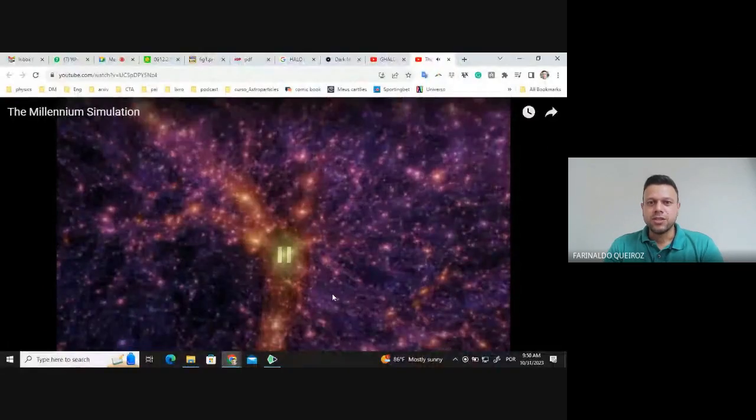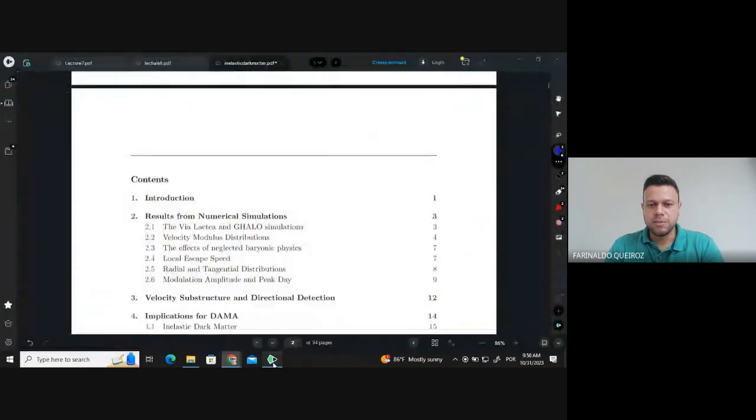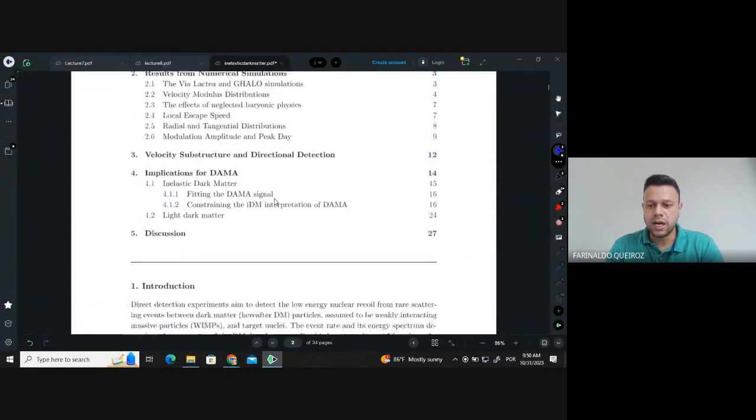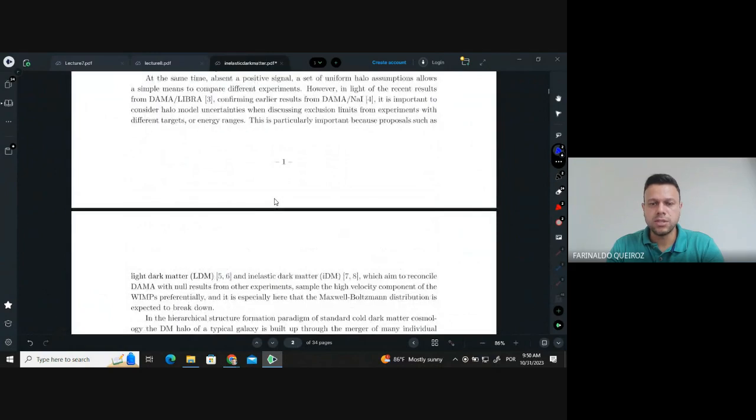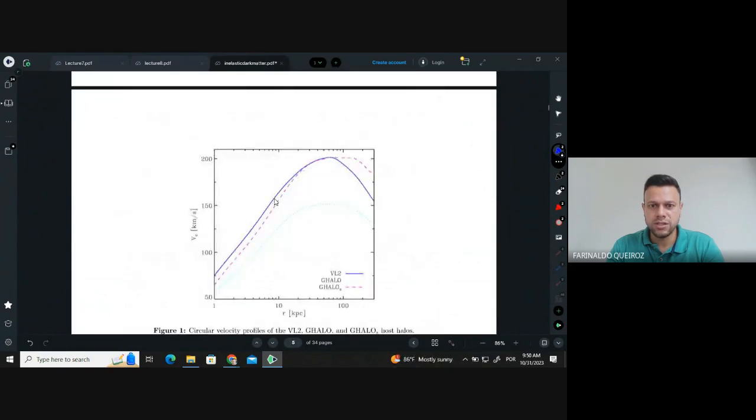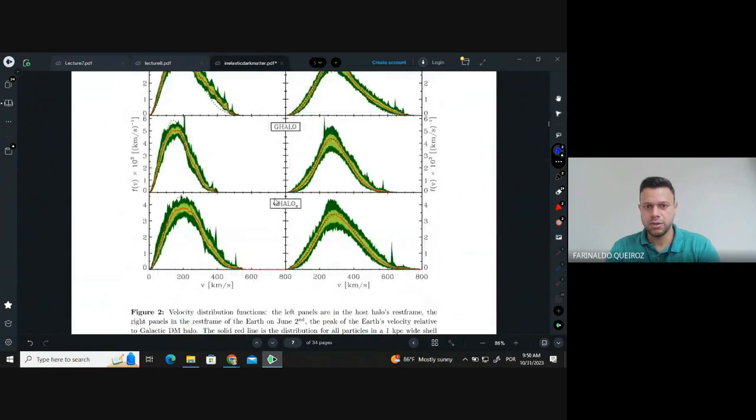Anyway, what I want to show is that these cosmological simulations show that the dark matter distribution should be close to a Maxwell-Boltzmann. Now I'm going to show you the plot they have. That's a very famous plot.